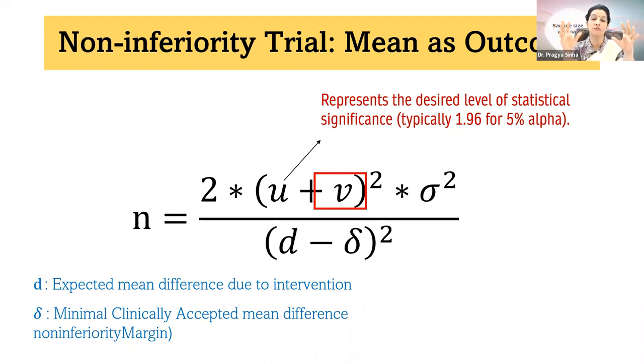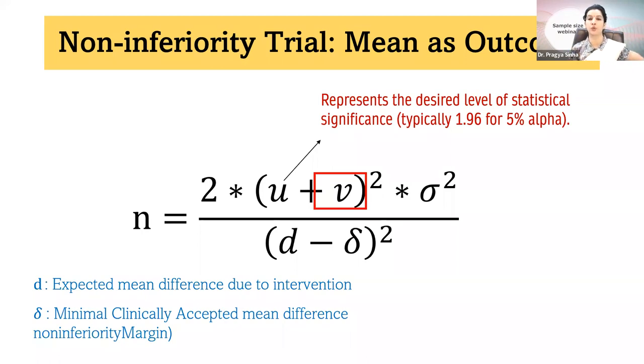If you plan to increase the power, say you want a power of 90%, then the value of U changes to 1.28. You can refer to the statistical table where these values keep on changing.